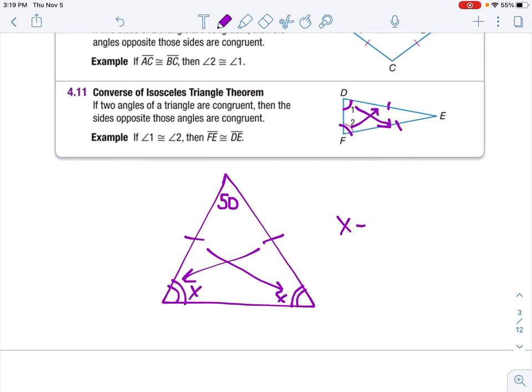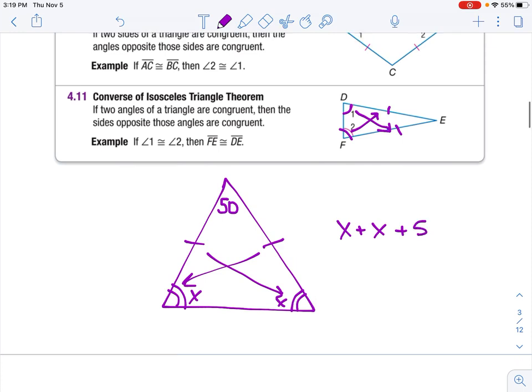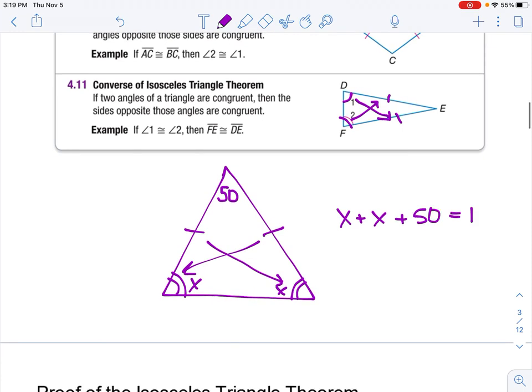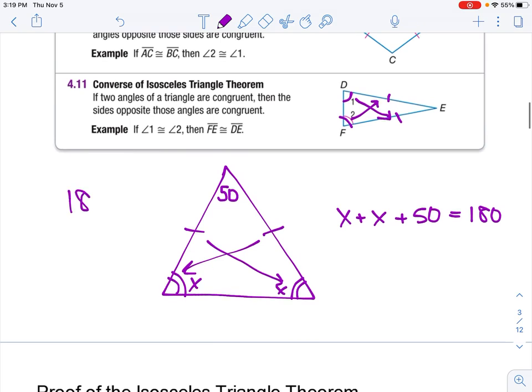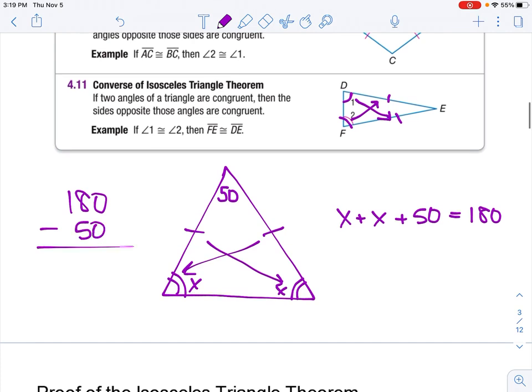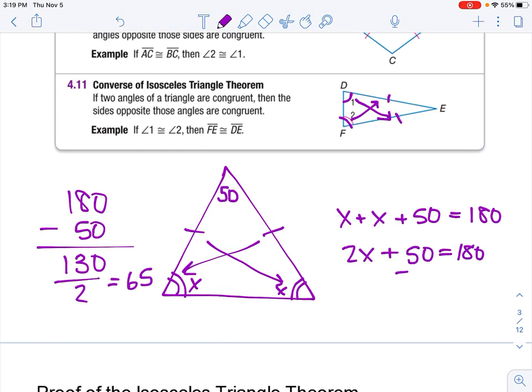So we can say x plus x plus 50 has to equal 180 degrees. Or you might be able to think through it in your head that the whole triangle has to equal 180, so the remaining two pieces have to be 50 less than that. And then because there are two of them, we divide by 2. Either way you think through it, you end up getting the same solution.